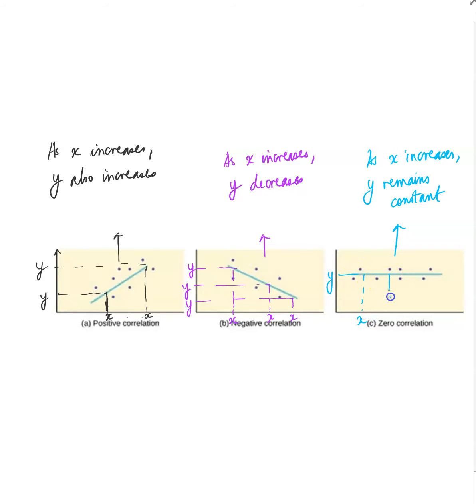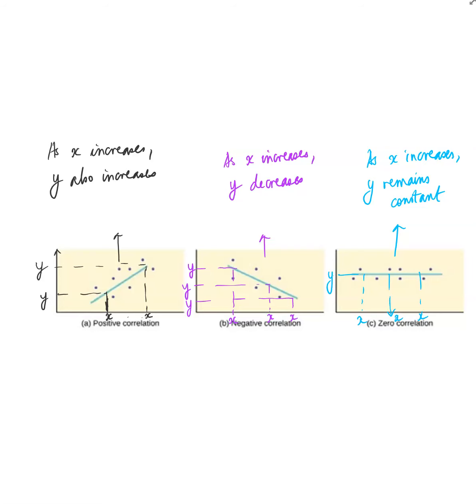If you go to another x value on the right, an increased value, it's still the same y. If you go to the end here, it's still the same y. So a zero correlation happens when you have a horizontal line, and you can also see a correspondence with the slope, right? Slope is always zero for horizontal lines. So here we are using the same idea and extending it to correlation, and we say that there is no correlation because your r is 0.